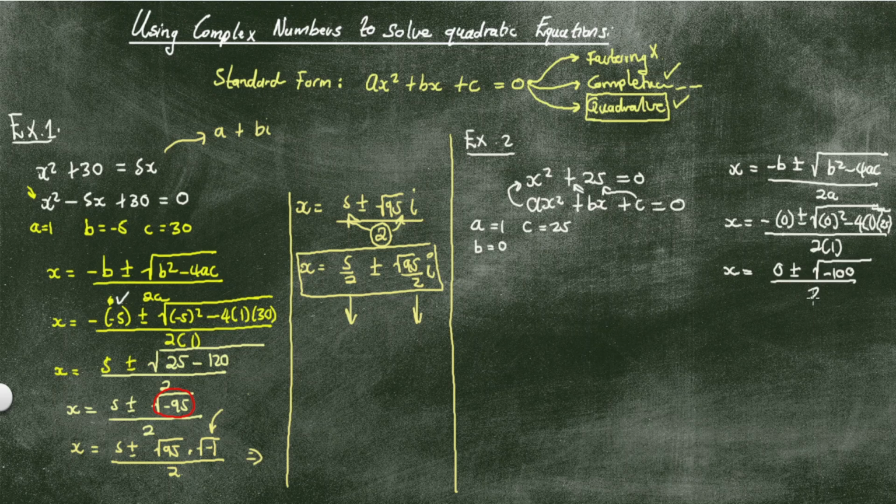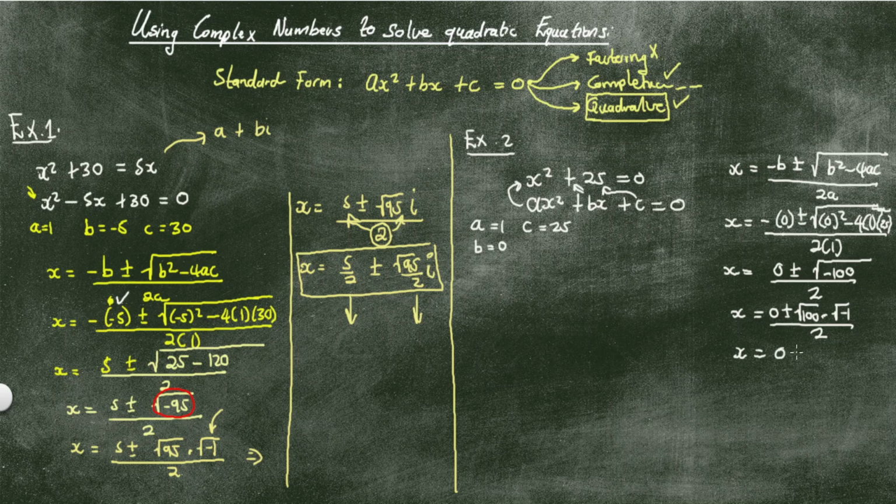Minus 100 over 2. So then x becomes 0 plus or minus the square root of 100 multiplied by the square root of minus 1. Remember, we have to isolate the minus 1 whenever we have a square root of a negative number. If you have the square root of minus 1, just rewrite it as i.